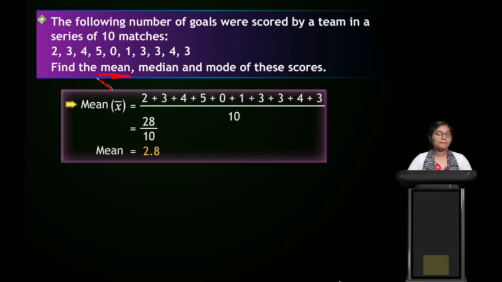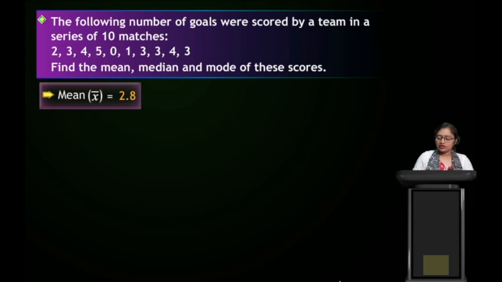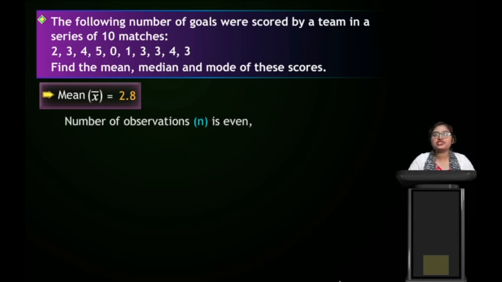Now we have to find out the median for this data. Here you can see these are the scores and the number of observations here is even. In our yesterday's class we have learnt two formulas for median, right? One is for even and another is for odd. Here the number of observations is even. So which formula should we use here?